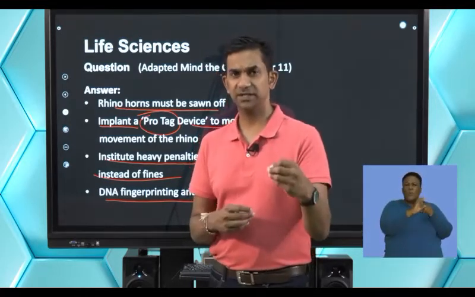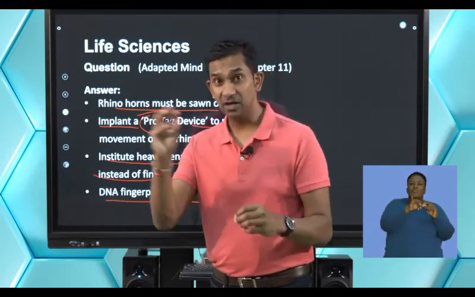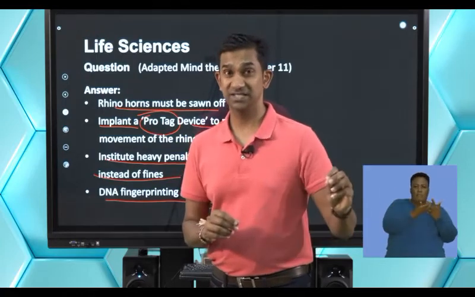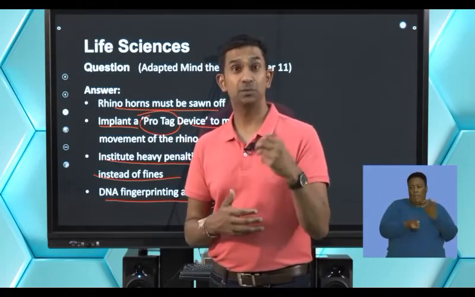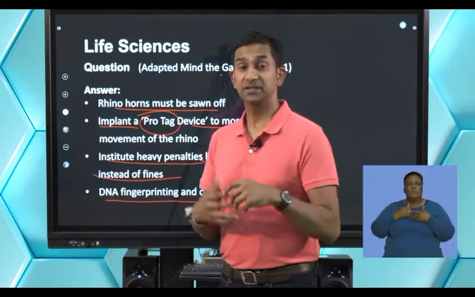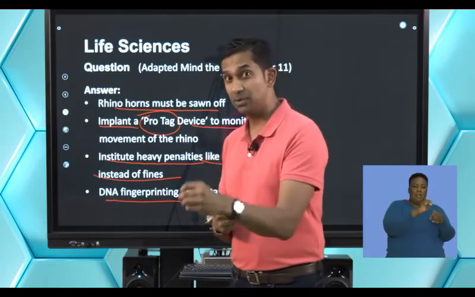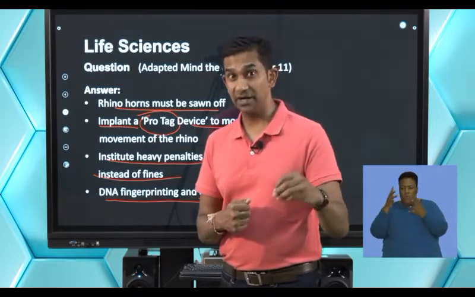It's important that the law system is able to identify and link a horn and a poacher to the site where it was poached from. And so that has provided significant assistance to the judiciary in linking poachers to a site where a rhino has been poached.